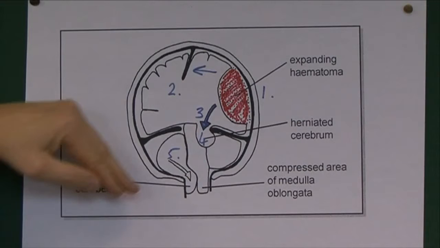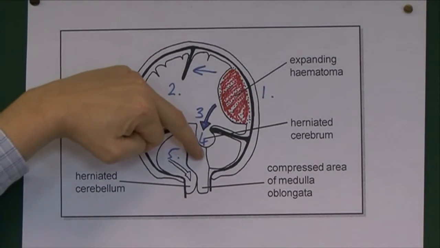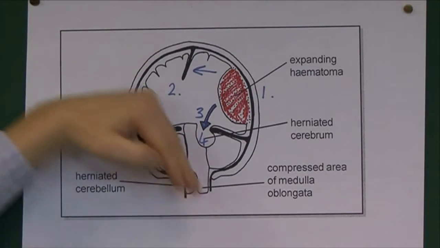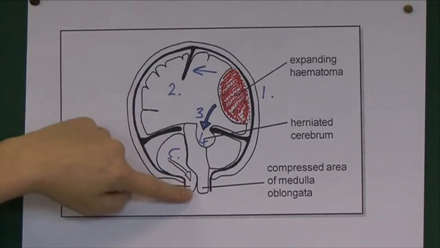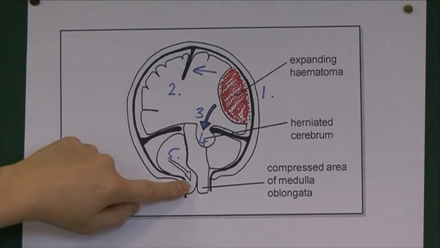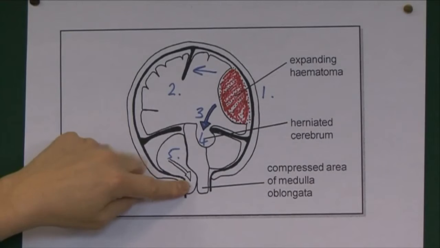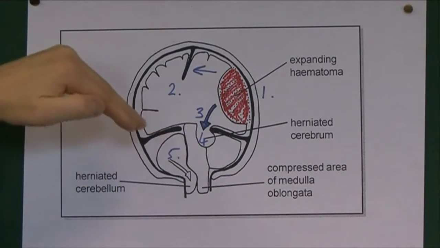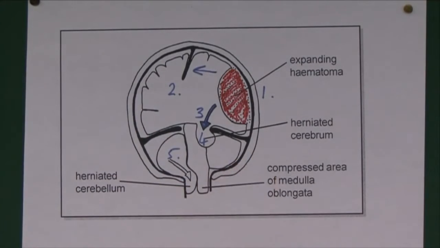And of course, as well as compressing the medulla oblongata itself, the herniated area of the cerebellum, as a result of the tentorial herniation, is going to compress the blood vessels which supply the medulla with blood. They're going to be compressed, and the medulla will lose its blood supply and it will lose its oxygen supply.